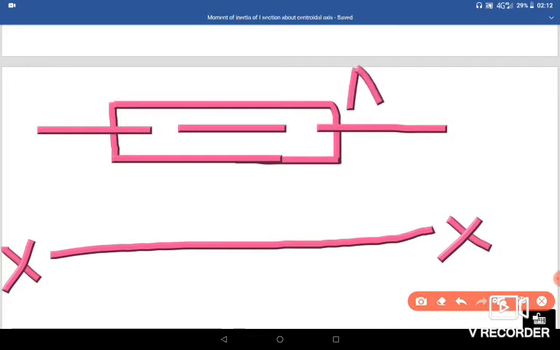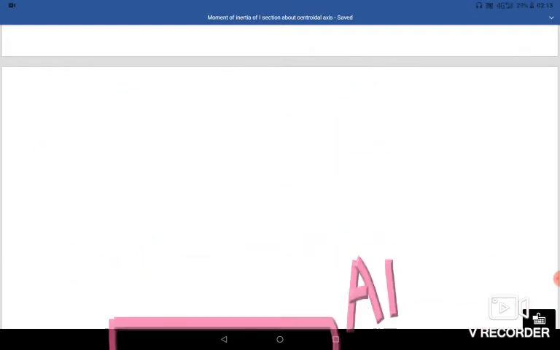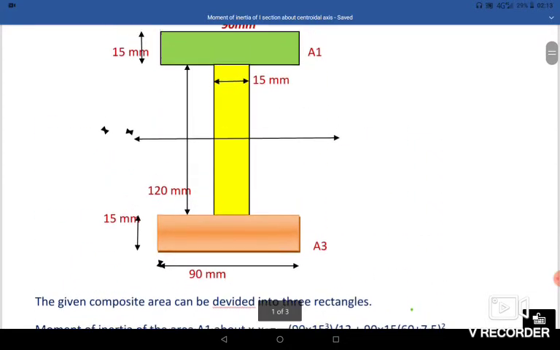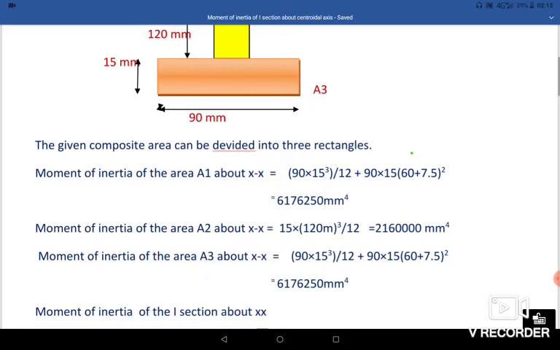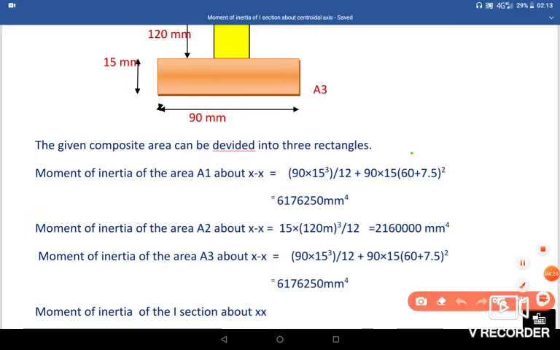Using the parallel axis theorem we can calculate the moment of inertia of section A1 with respect to XX, and from the geometry of the figure we can easily calculate that. I have already calculated it using the parallel axis theorem.